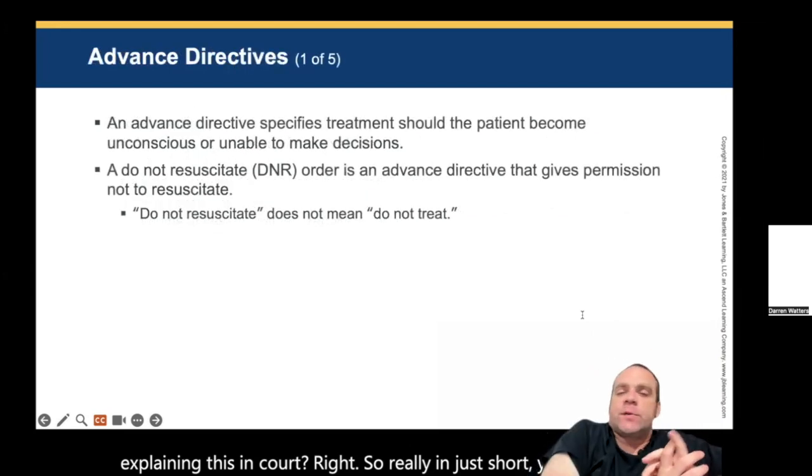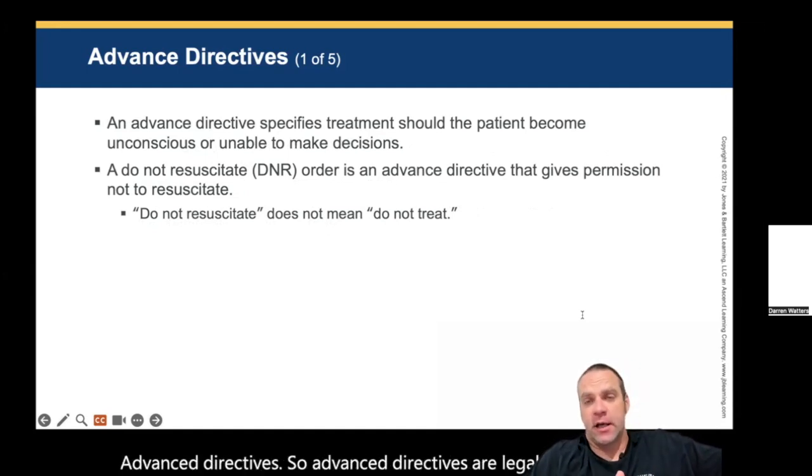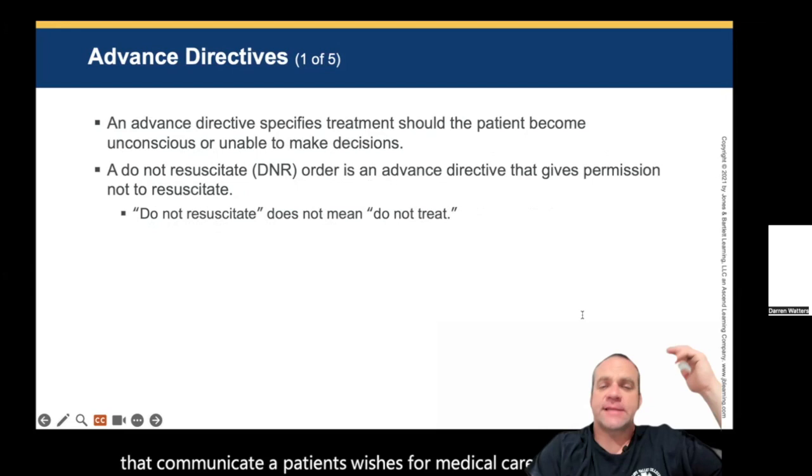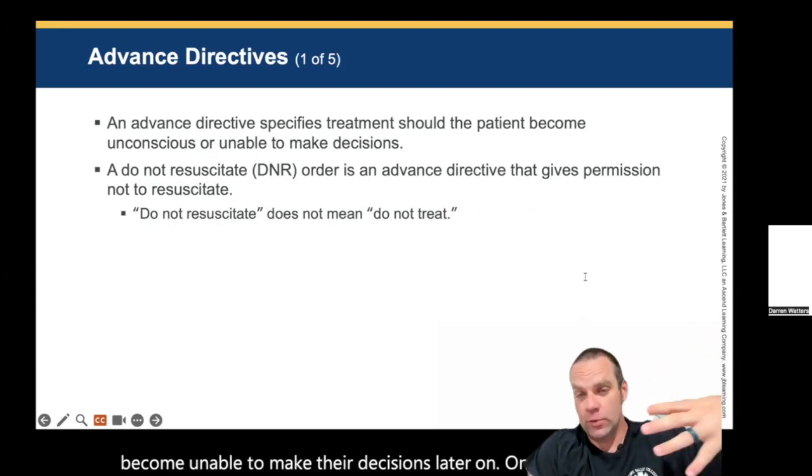Advanced directives. Advanced directives are legal documents that communicate a patient's wishes for medical care in case they become unable to make their own decisions later on. One of the most common types is the DNR, or Do Not Resuscitate order.